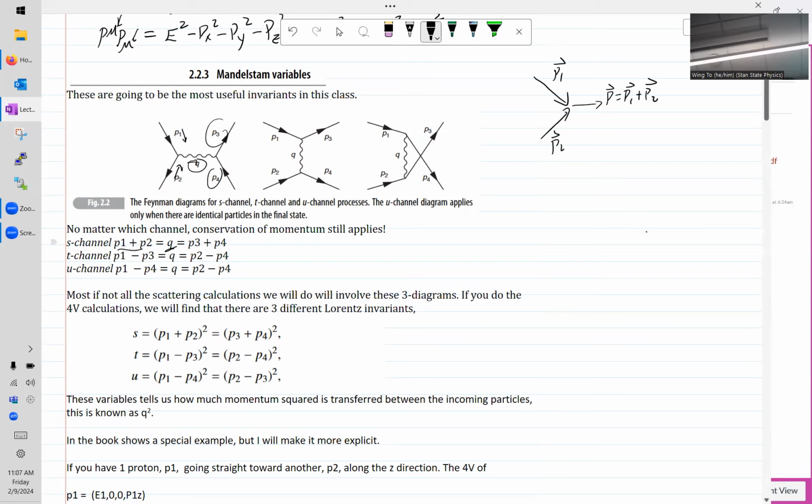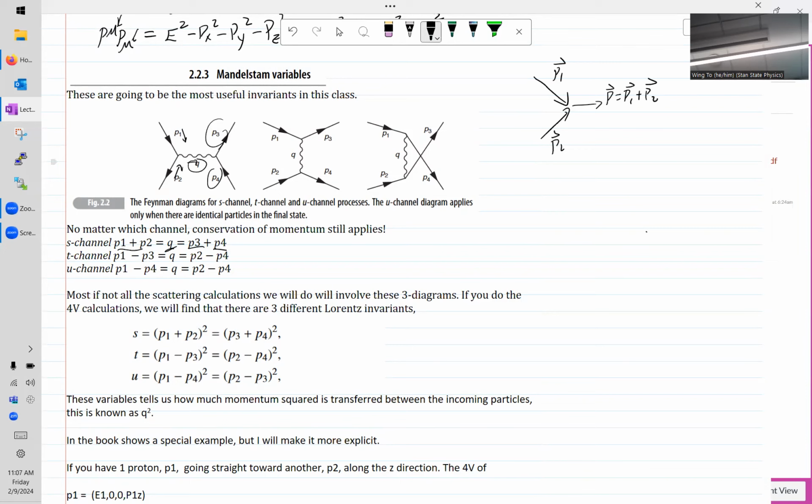So in this case, the nomenclature, we call that Q, which is the momentum transfer between the two particles. And the outgoing momentum also has to add up to be Q.